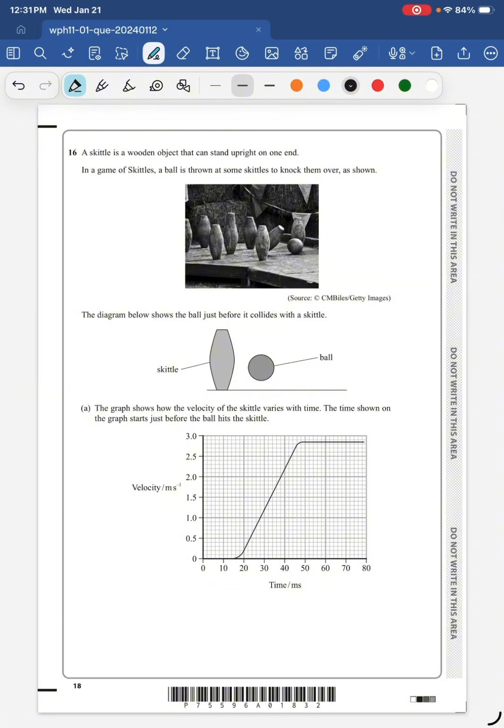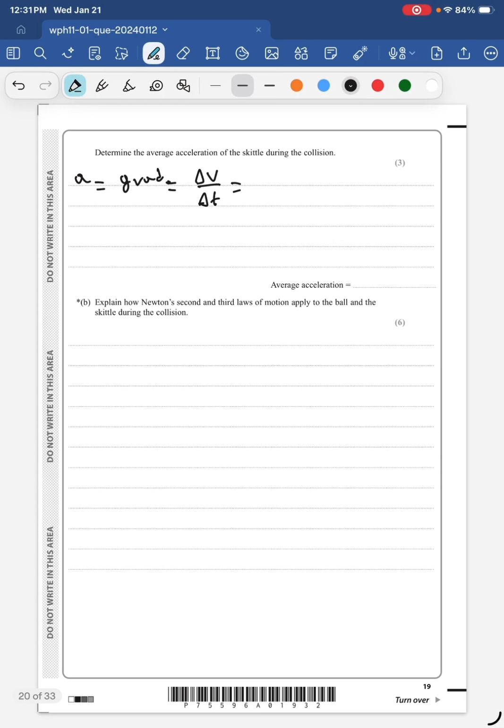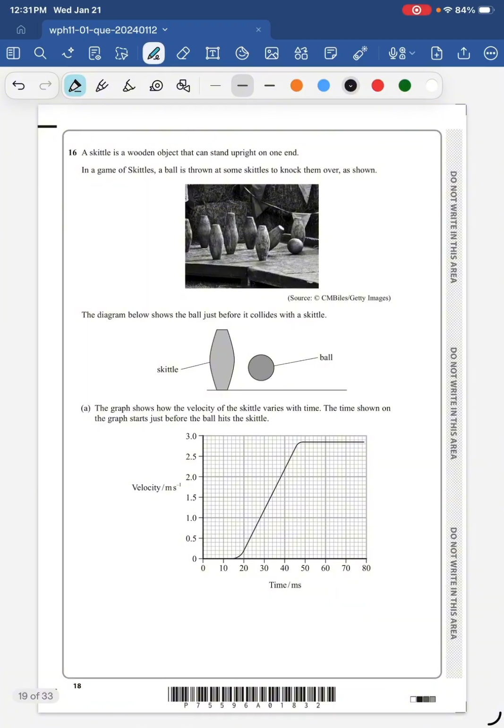No, actually, I'm going to use what I have in my notes. So for delta V, I have 2.2 minus 0.2. 2.2 for the velocity is this point over here, and 0.2 is this point over here. I did this because it's easier to find the time.